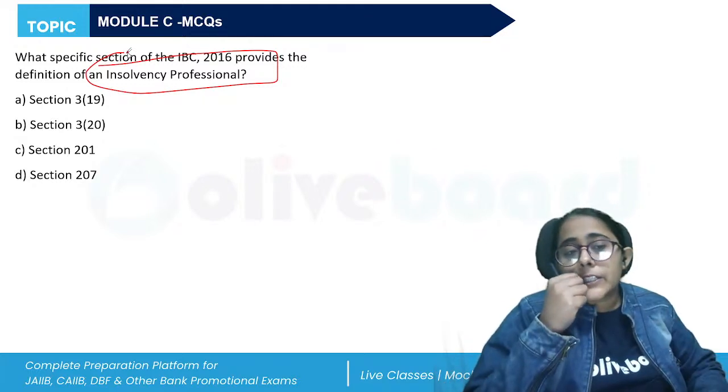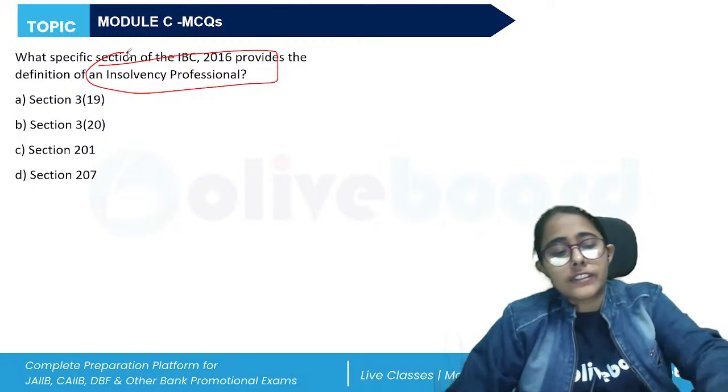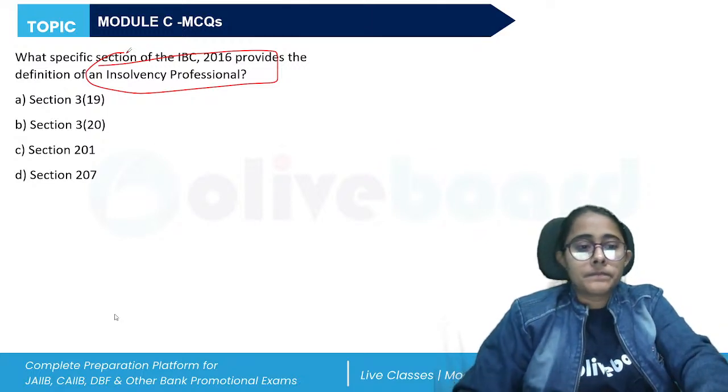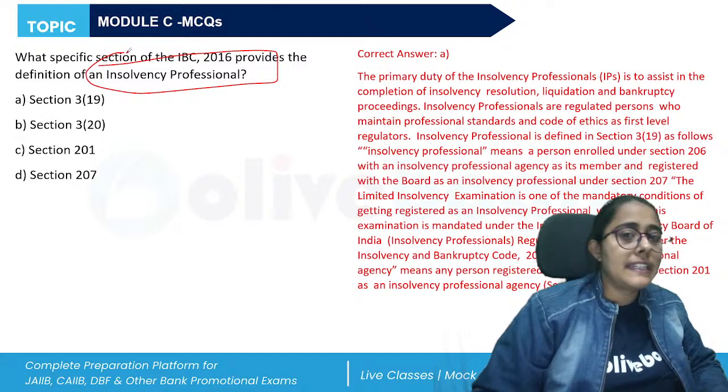Whether it is in section 3 subsection 19, section 3 subsection 20, section 201 or section 207. Which of the following is correct? So the correct answer is option A. It is given under section 3(19).